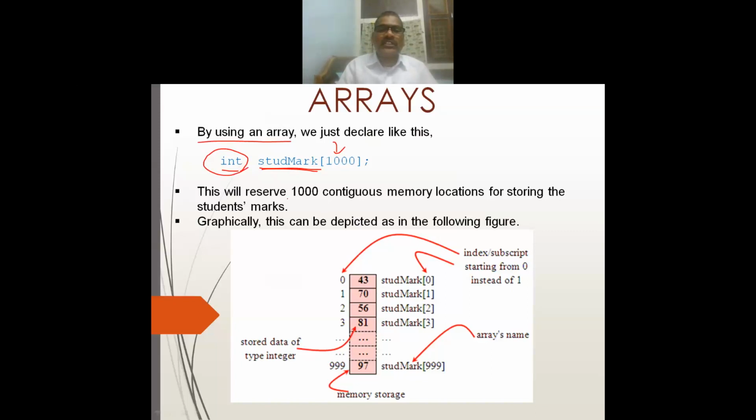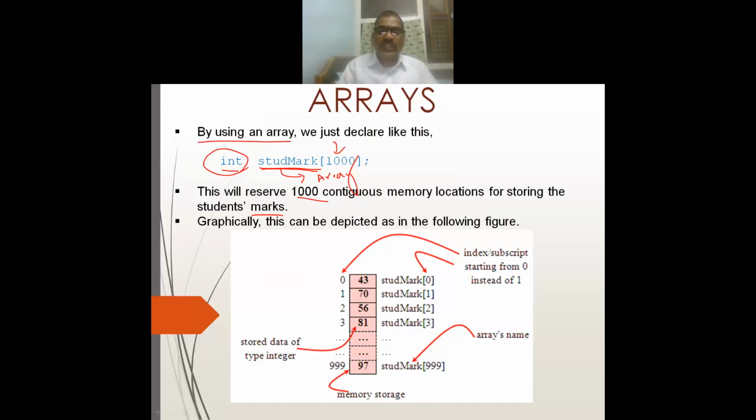Here std mark is called an array variable, the array name where we store the array values. This will reserve 1000 contiguous memory locations for storing the 1000 integer values which represent the student marks.